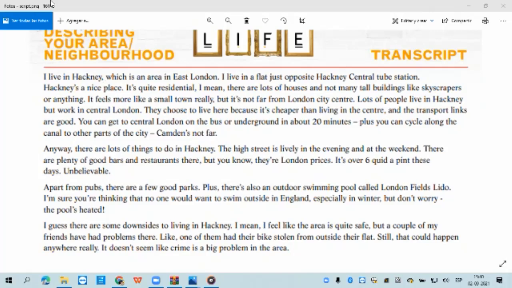Well, let's see here. Could you find out any other good points or bad points of the place? Teacher, what is Camden? Camden is the name of a market. It's a neighborhood where there is a famous market in London. Camden Market is a very touristic place.